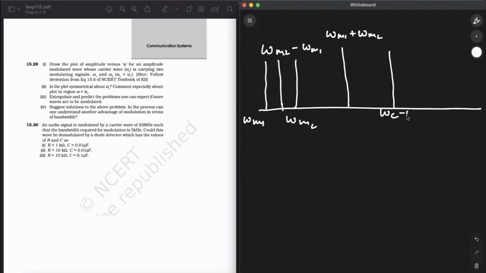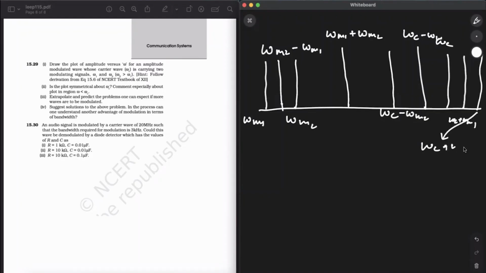Next is omega c minus omega m2, and here will be omega c minus omega m1. Then will be plus omega c, omega c plus omega m1, and last over here omega c plus omega m2.